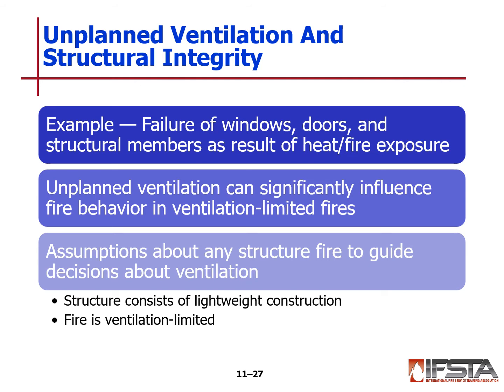Any of these unplanned ventilations can significantly influence the fire behavior. It can complete flow paths, it can add a lot of oxygen to the fire, and it can cause rapid fire growth. The assumption about any structure fire to guide decisions about ventilation is that the structure consists of lightweight construction. We can assume that these are going to be untenable pretty quickly.